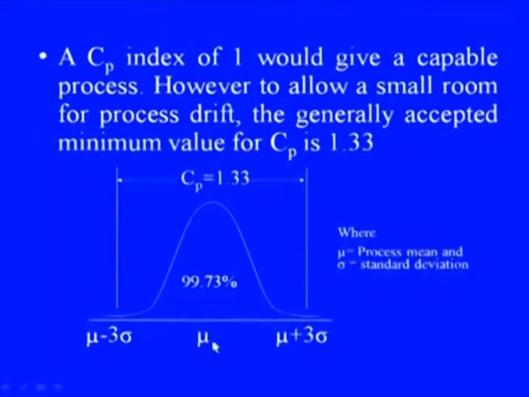Here mu represents the mean, and from mu plus minus 3 sigma are allowed on both sides, and that gives the Cp equal to 1.33, which is generally acceptable. The Cp has two major shortcomings. It cannot be used unless we have upper and lower specification limits, and it does not account for process centering.